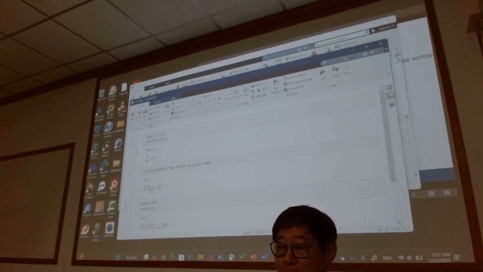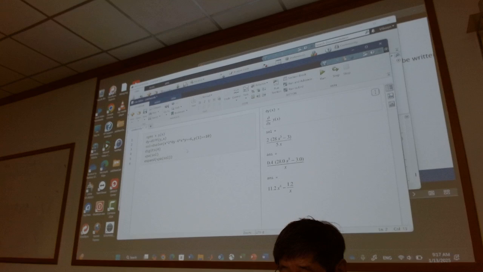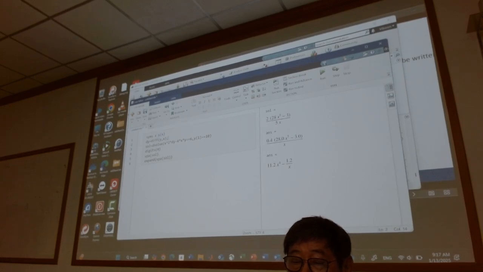I like this format better. I can see this one. If you don't want them to show, you just put a semicolon, right? See, you have this one. Solution, this one. Answer, this one. You don't put anything here, you just put answer. You can put solution equal to as well.